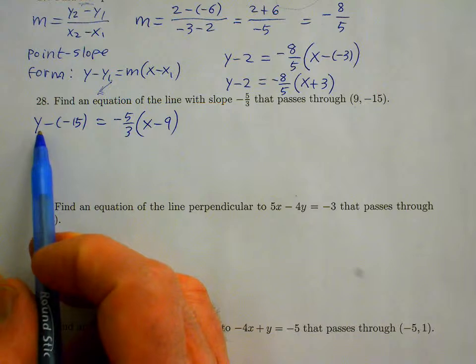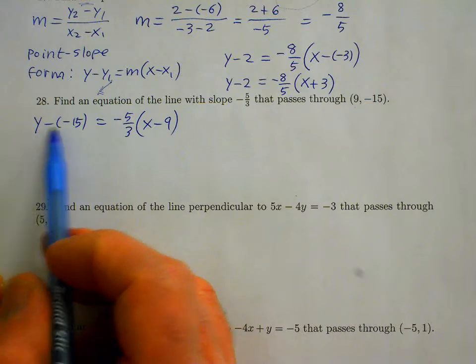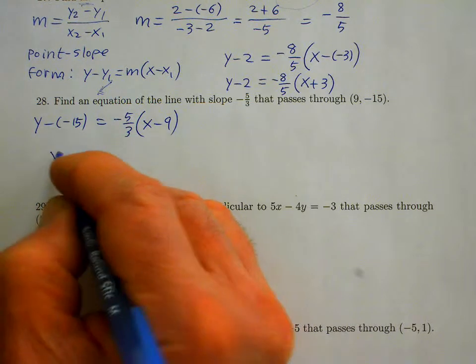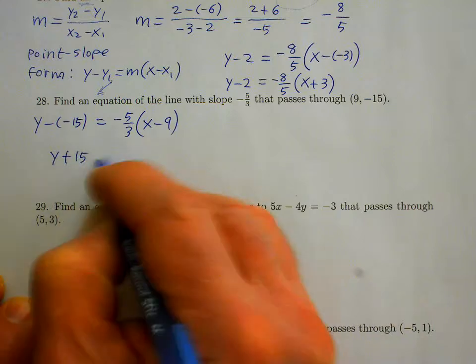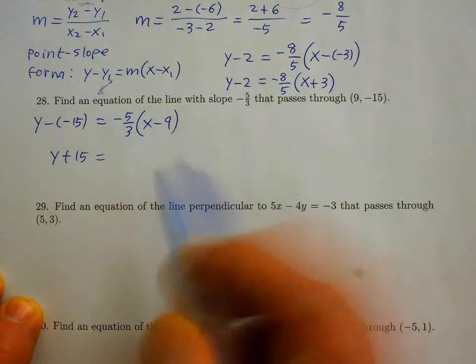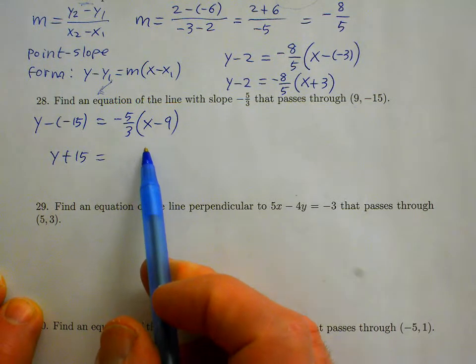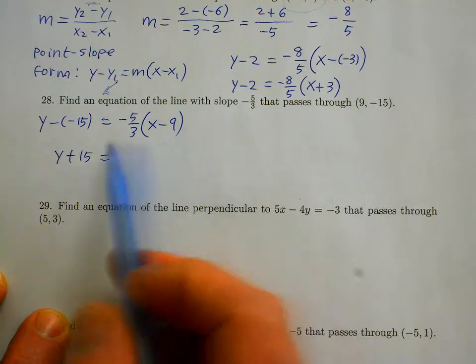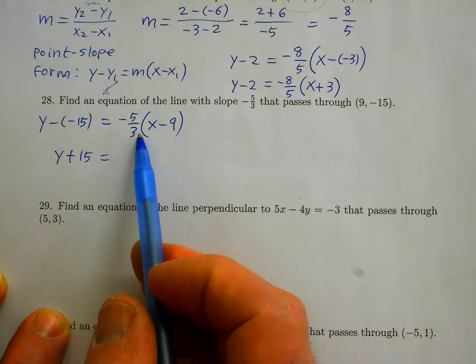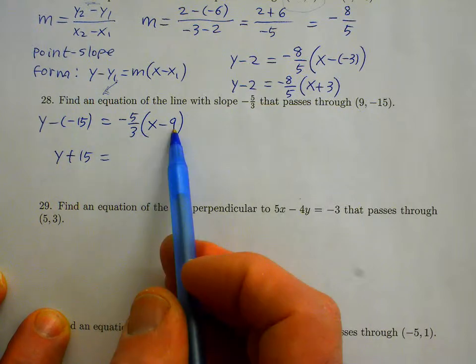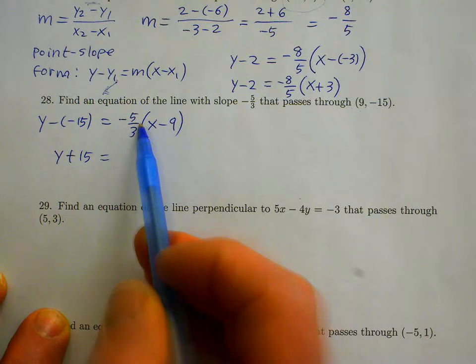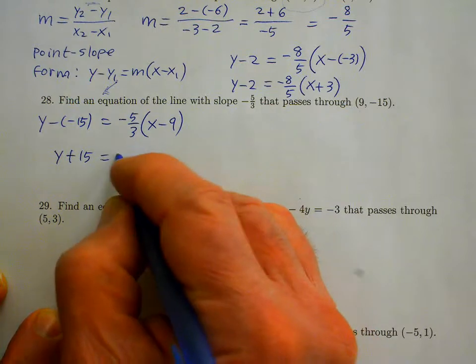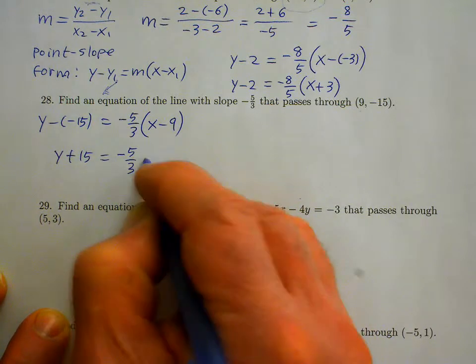And we want to simplify things like this. Y minus negative 15 should be simplified to y plus 15. And let's go ahead and write this in slope-intercept form, even though the directions don't ask for it. So we distribute multiplication through x minus 9 by negative 5/3, and we get negative 5/3 x.